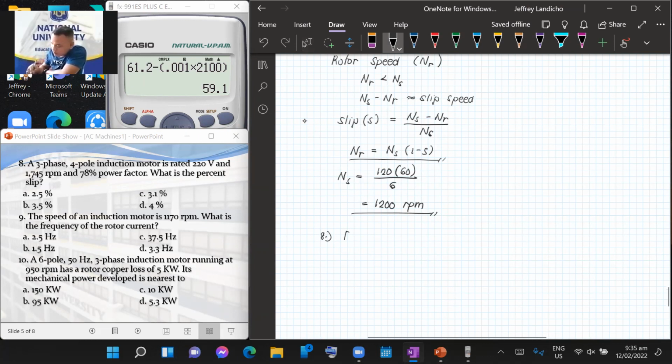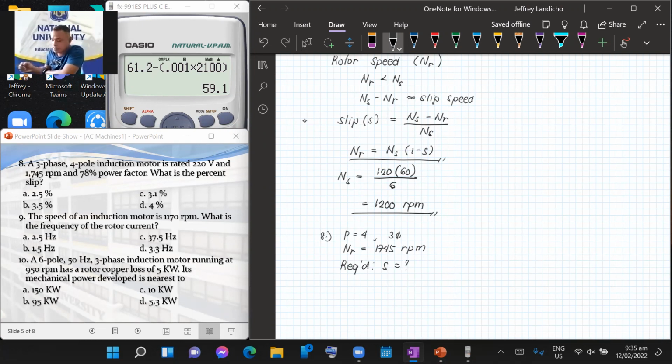So meron tayong 4-pole, 3-phase, and its rotor speed that is 1,745 RPM. What is the percent slip? Okay, so percent slip or simply slip. So that is S. Alam na natin yung formula. We have the rotor speed.